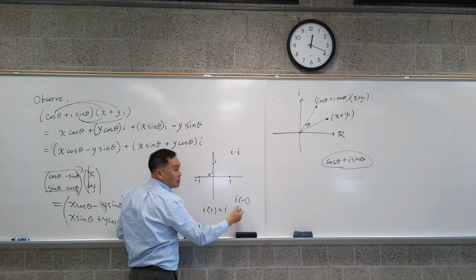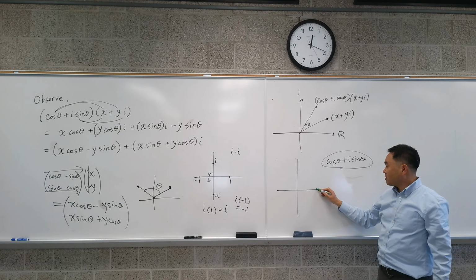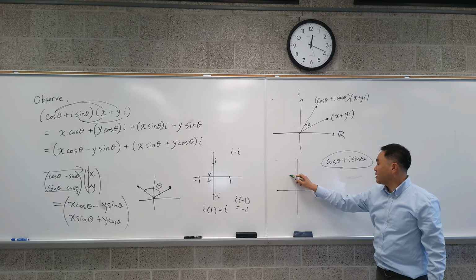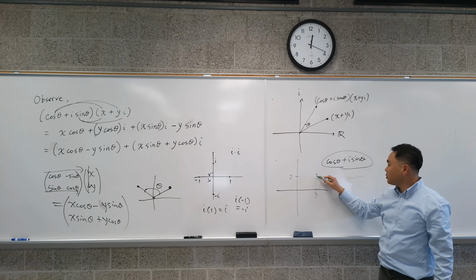Okay? And you can experiment with other things too. You can take some arbitrary point like 3 plus 2i. This is the point, right? Now let's see what we get if I multiply i by 3 plus 2i.